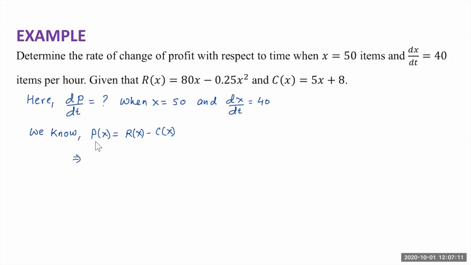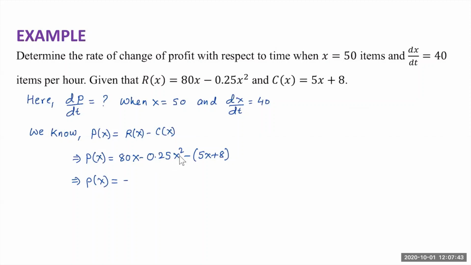This implies your profit function will be equal to revenue. You can see your revenue is 80x minus 0.25x squared, then minus the cost function. We are subtracting this one, minus (5x plus 80). So this is equal to, okay, we have the x squared here, which is negative 0.25x squared.